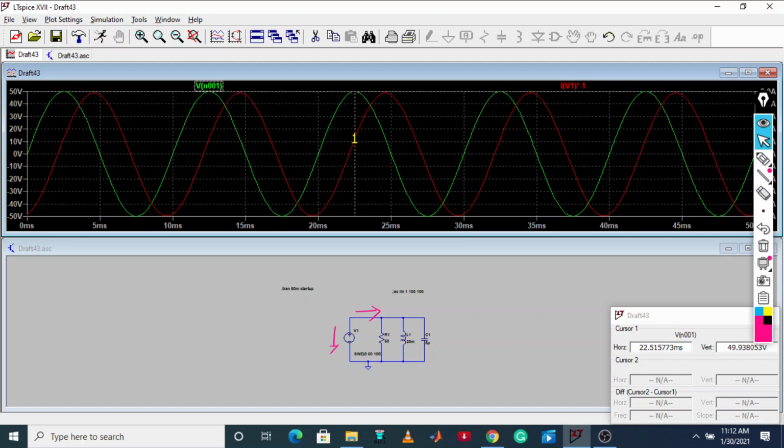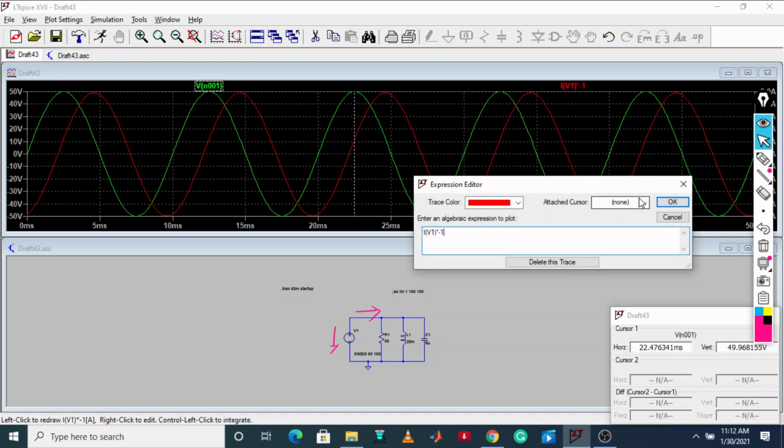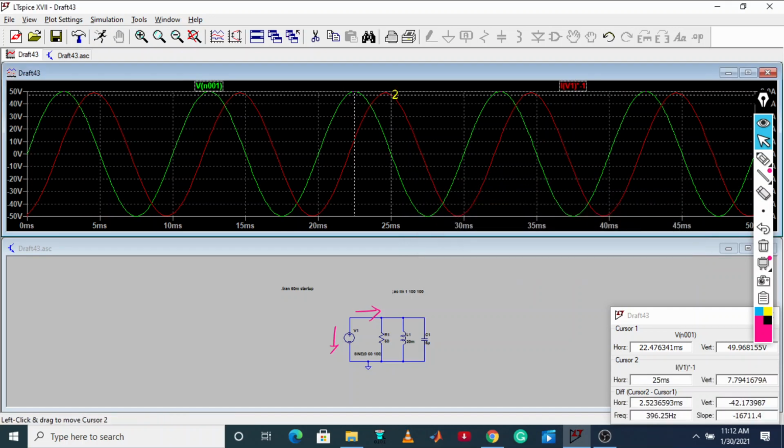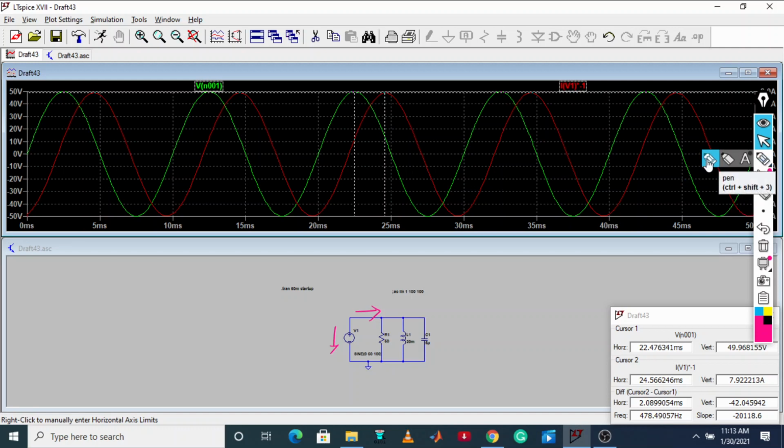Now it is just showing the maximum value of voltage. Now put here. Now assign this one as a second cursor. Put OK. Now this will give you the maximum value of current. We need the horizontal value, this value we need.